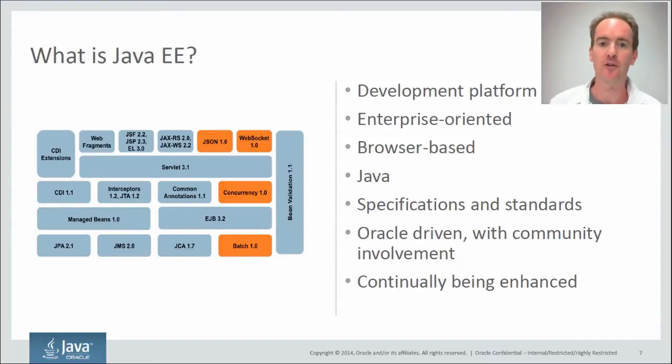And all this takes a lot of time, to create, to maintain, to debug, to test. And Java EE provides all of these different services itself, so that you can focus on the business domain of your application. So standards and specifications is the basic underlying idea of Java EE.